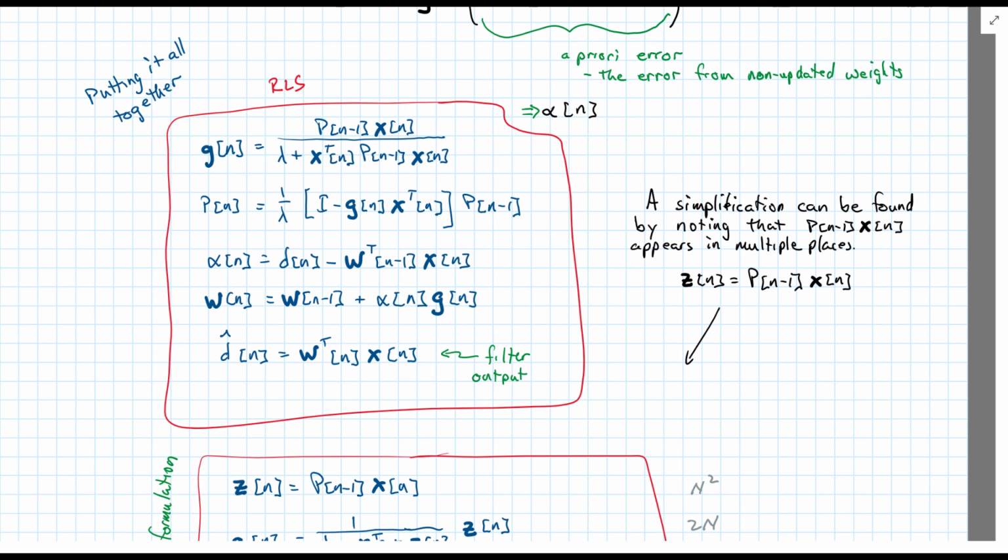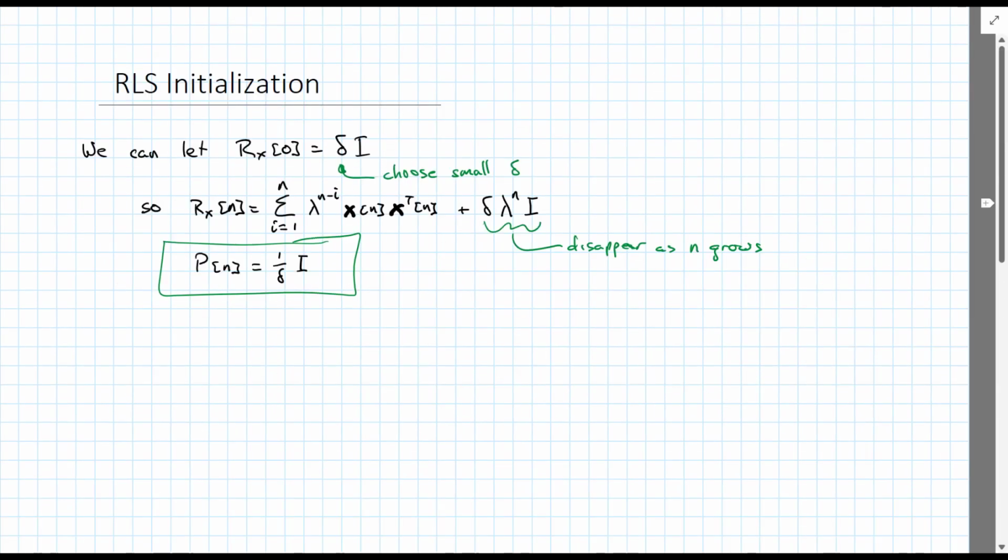Looking back at this system, if P is large, then G is going to be effectively close to 1. And as we've seen back here, P is actually going to then decrease at a fairly good rate to where we want it to be as the delta lambda n times I dies out.